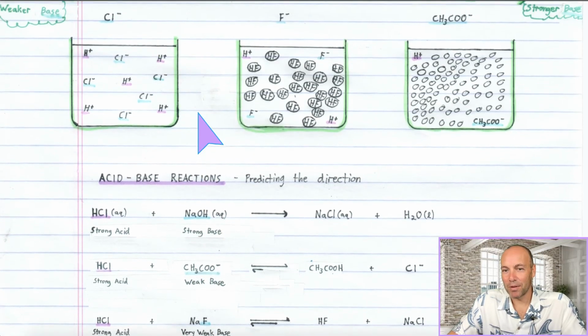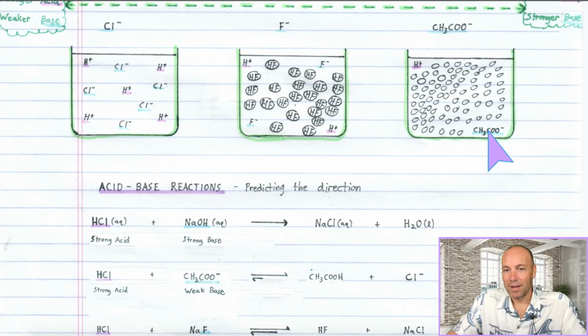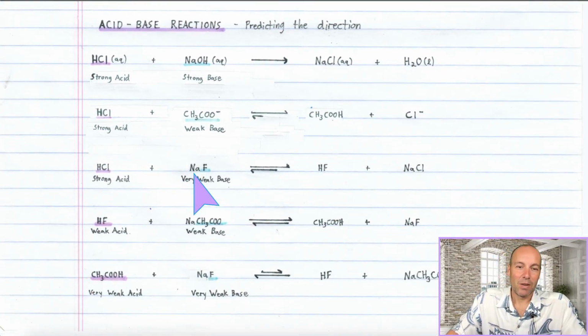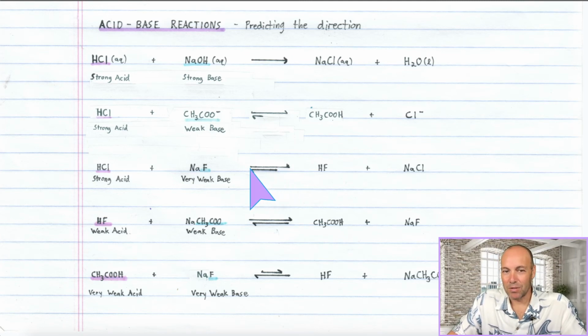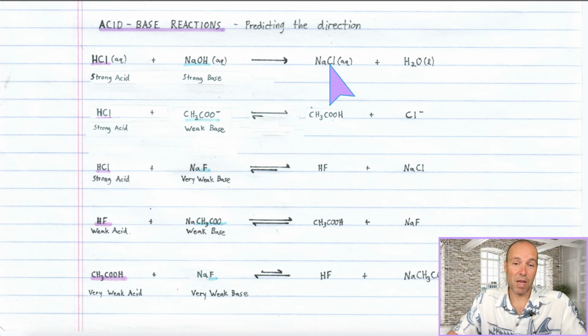When you remember the picture, this one allows less protons in solution. It wants protons more than that one. This one allows more protons in solution, so it doesn't really want them as much as that one does. And so when it's playing the role of a base, it doesn't really want the protons as much. And so this reaction doesn't really proceed as much as the last one. And so there is a tendency for it to react in the backwards direction. So the reaction does not go to completion as much as this one did, or as definitely as much as that one did.